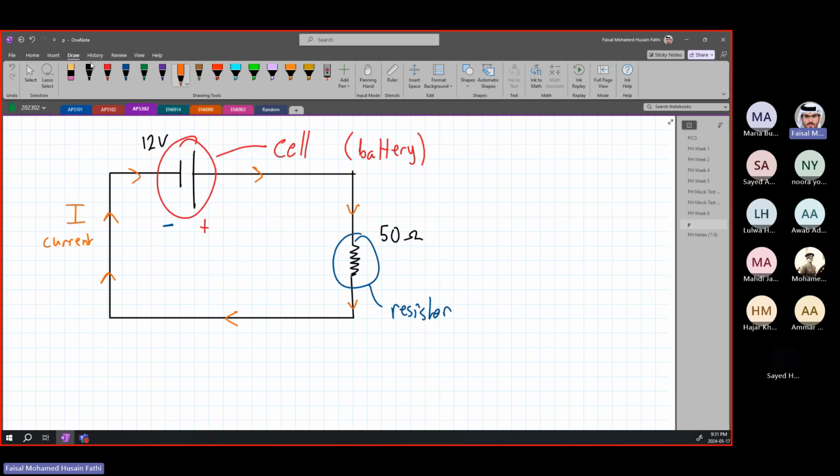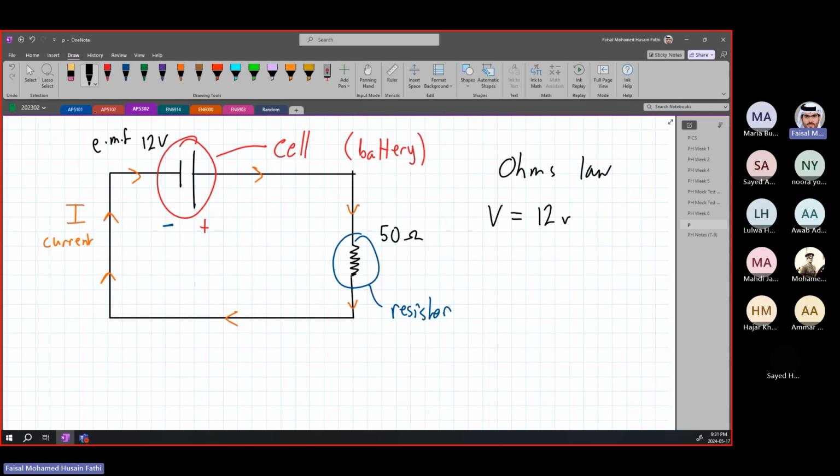Now, if you want to apply any of your laws here, very simply, all you can do is apply them directly. So for example, we are not given the current here, but we can find it. How can we find it? Using Ohm's law. All right. So let's say we're given the voltage is 12 volts, or it's actually the EMF, which I will talk about after this. Which is also the voltage. It's the same thing, 12 volts.